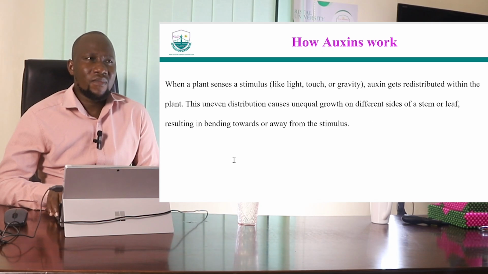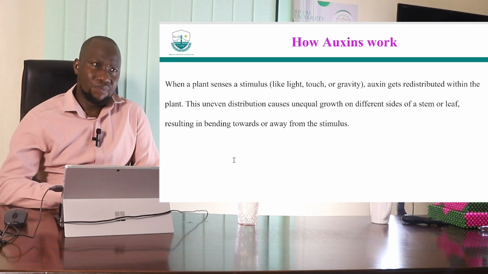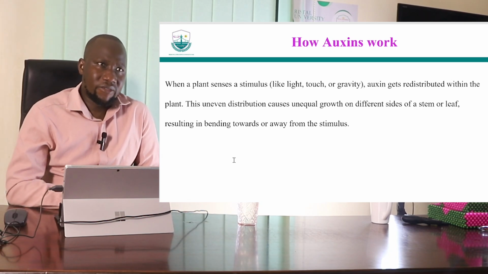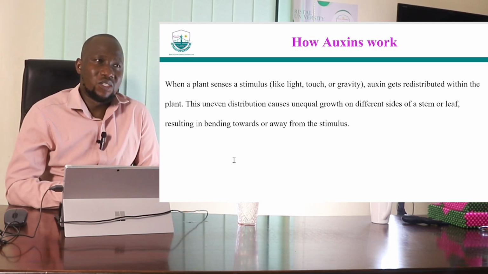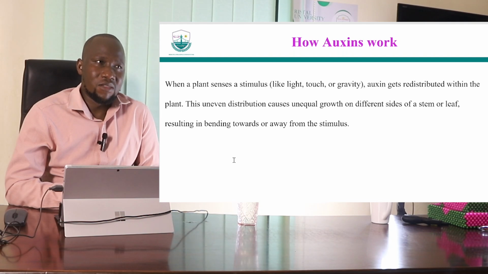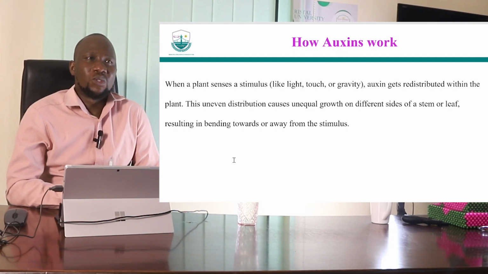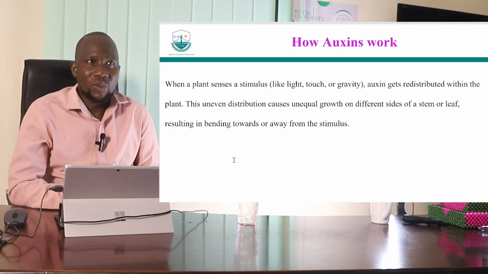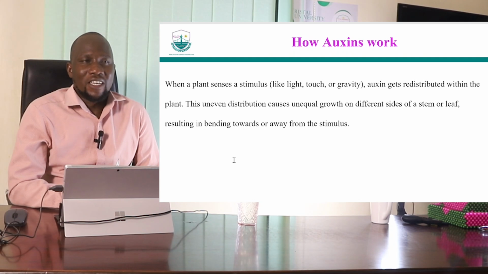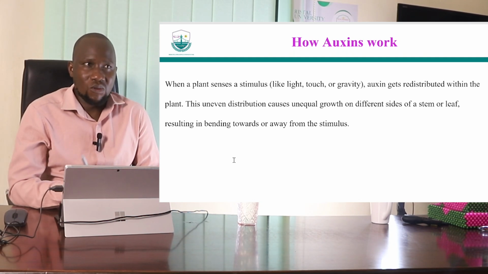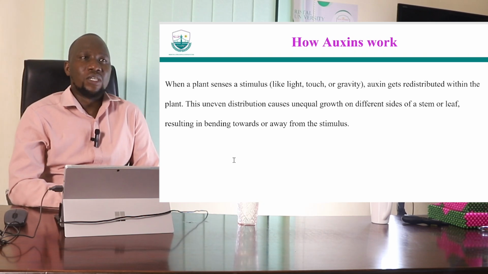And let's first look at how auxins work. The first thing was that auxins control this plant growth response, and we say that the auxins are basically plant hormones, and they control growth. That's what we have agreed on.